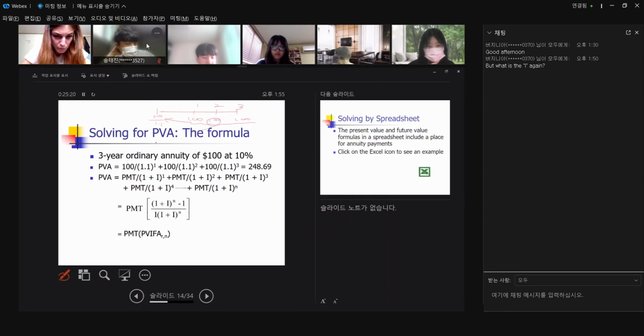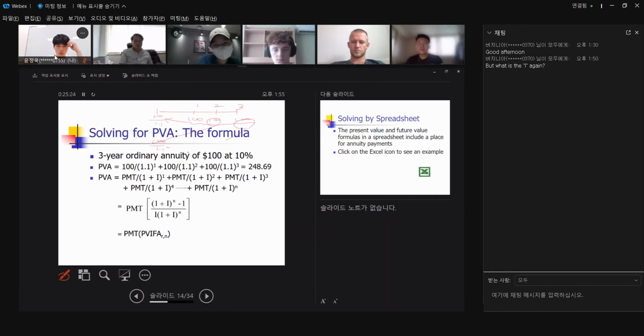How about this one? 100 divided by 1.1 squared. And this one? 100 divided by 1.1 to the power of 3. So now we are looking for the present value of annuity. How can we calculate it? 100 divided by 1.1, plus 100 divided by 1.1 squared, plus 100 divided by 1.1 to the power of 3. If we calculate this equation, the answer is 248.69.